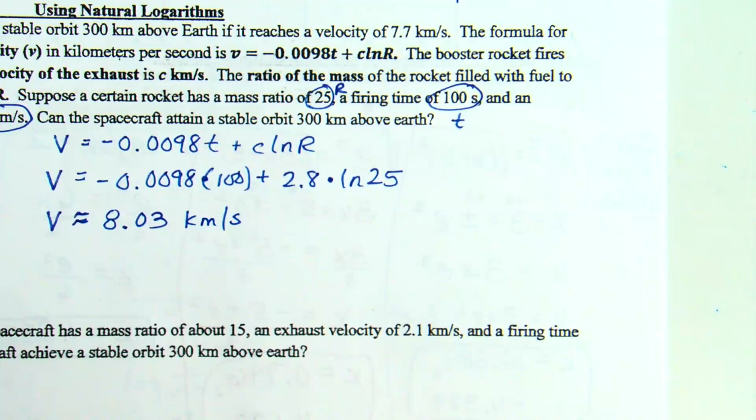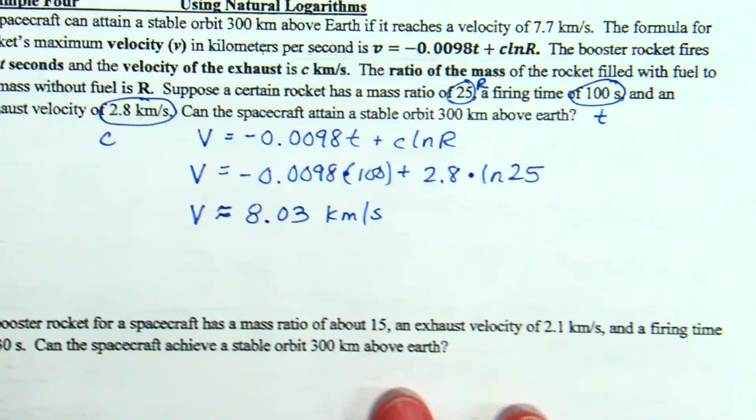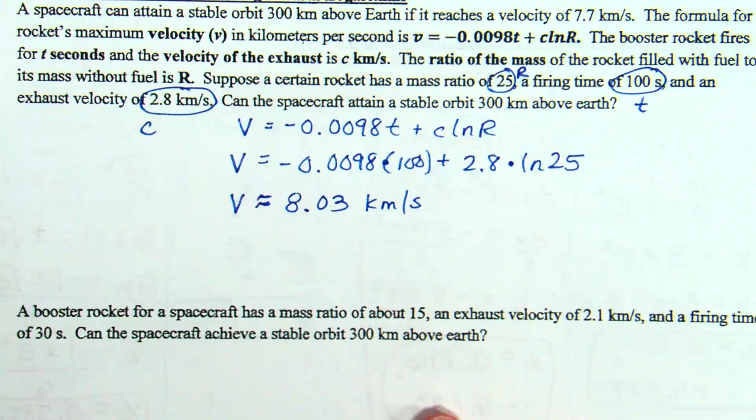Now, have I answered my question? My question is, can the spacecraft attain a stable orbit 300 kilometers above Earth? It doesn't ask for a velocity. So that's a yes or no answer. But yet I have a velocity.